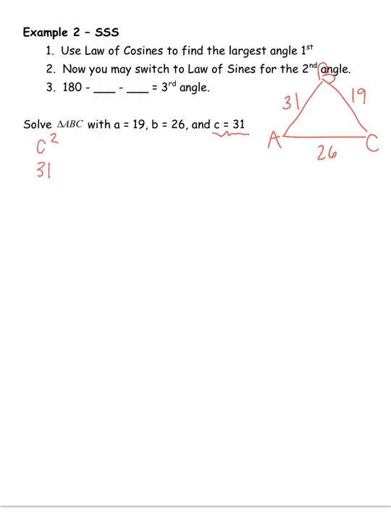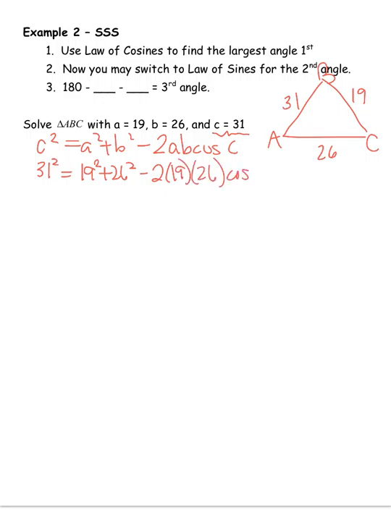So 31 squared equals A squared plus B squared minus 2AB cosine C. So that would be equal to 19 squared plus 26 squared minus 2 times 19 times 26 times the cosine of C. Now the interesting thing about this cosine of C is that's our variable.